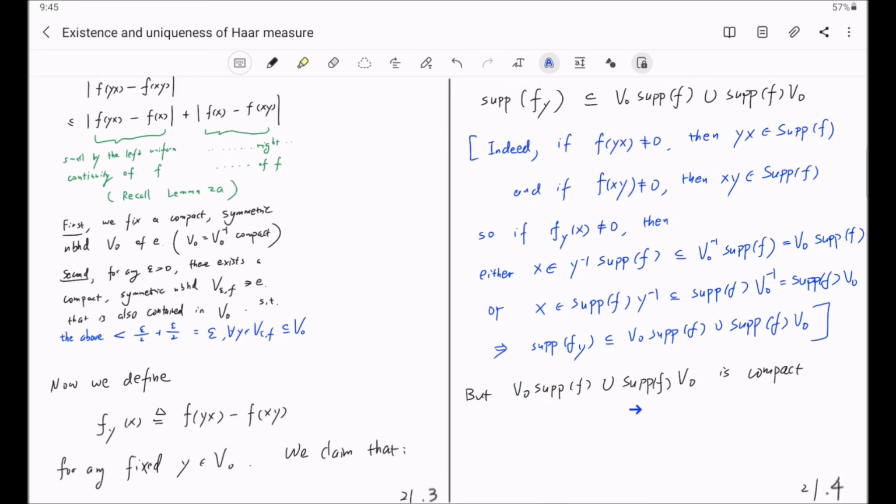And the union of two compact sets is again compact. So this is compact. And hence it has finite Radon measure. The Radon measure of a compact set is finite, by definition.